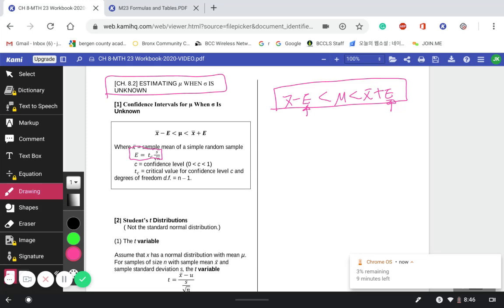But s, the standard deviation of the sample, is much easier to get because it's a sample, so you can restrict the area and the size. So for this particular case, we have to use another formula, which is t of c times the sample standard deviation divided by the square root of n.